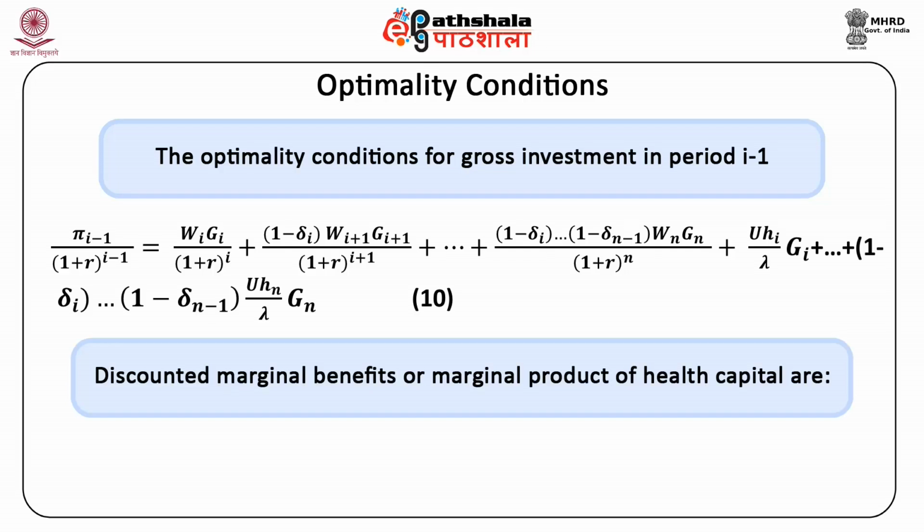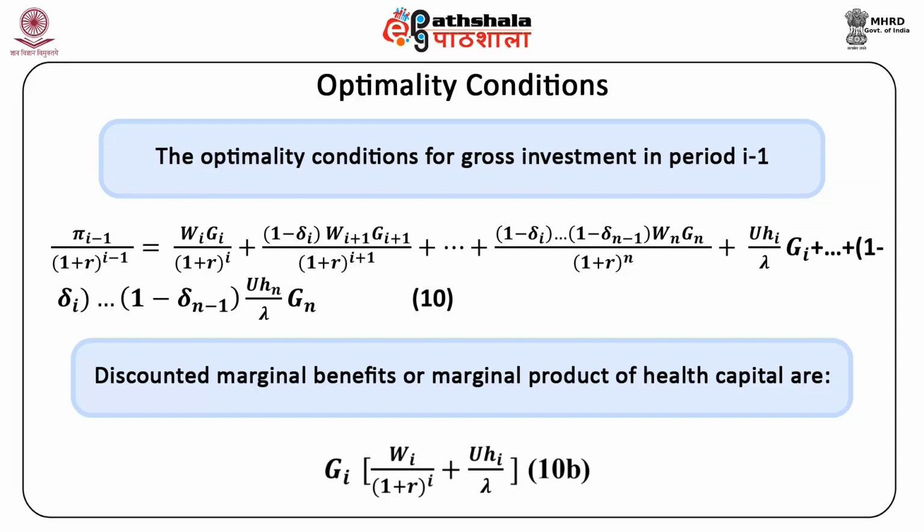The discounted marginal benefits or marginal product of health capital are Gi into Wi upon (1 plus R) raised to the power i plus Uhi upon lambda, equation 10b. Gi is the marginal product of health capital, which measures the change in number of healthy days due to change in stock of health.